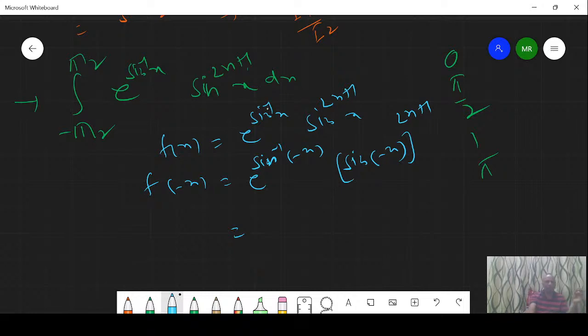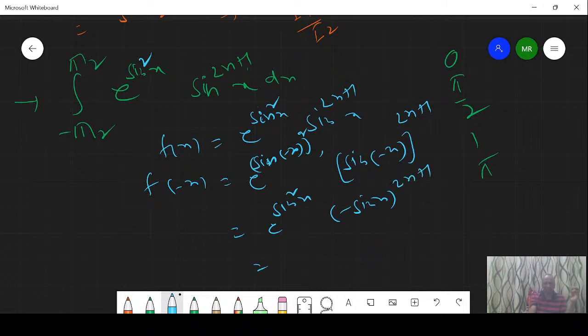Here it is given as sin square x, e power sin square x. E power sin square x means I can write sin of minus x whole square. This becomes e power minus sin x whole square, which is sin square x. Sin of minus x, minus sin x, whole power 2n plus 1.